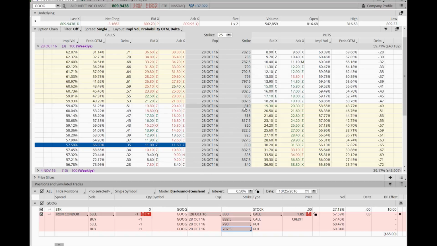As you can see now, 810, 812.50, 815, 817.50, we now have 2.50 strikes here. Good news for us. It means people with a smaller account can trade this trade.